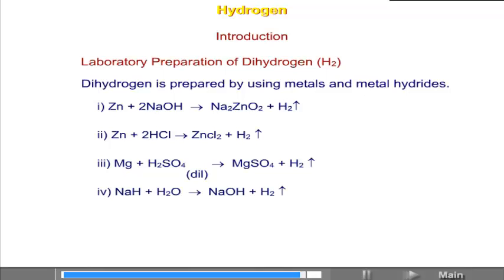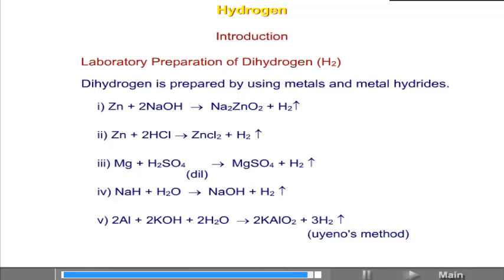Fourth method, sodium hydride, that is NaH, plus H2O gives sodium hydroxide NaOH, and in the reaction hydrogen gas evolves. Fifth method is 2 aluminium plus 2 potassium hydroxide KOH plus 2 H2O gives 2 KAlO2 plus 3 hydrogen molecules.